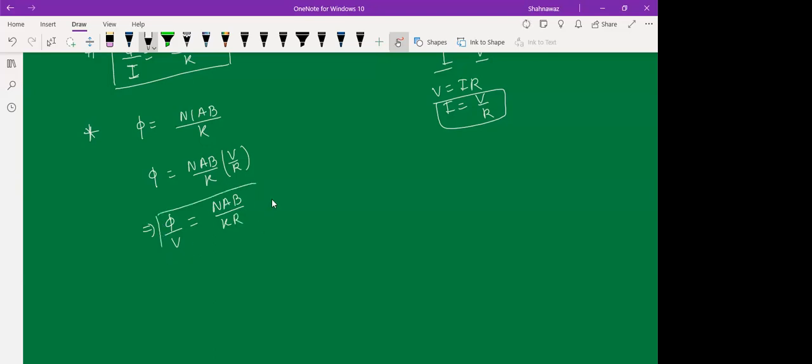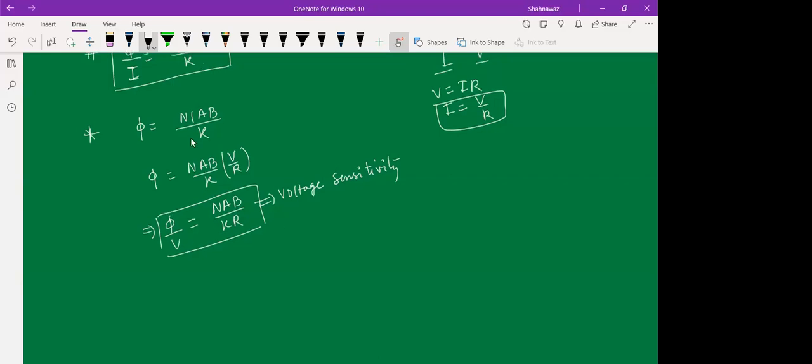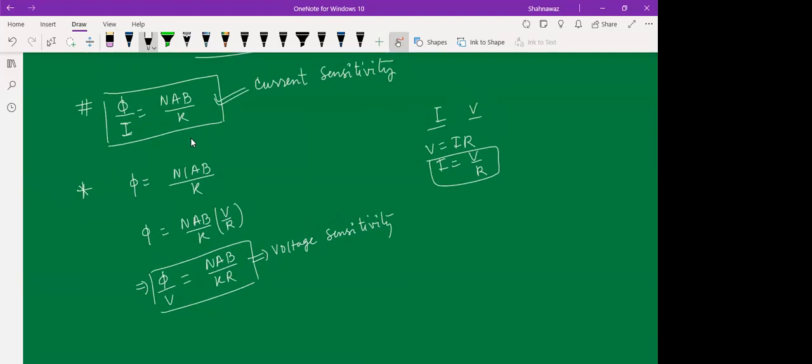So this is what we call the voltage sensitivity. So these are the two sensitivities that we have: phi by I, current sensitivity, and phi by V, voltage sensitivity.